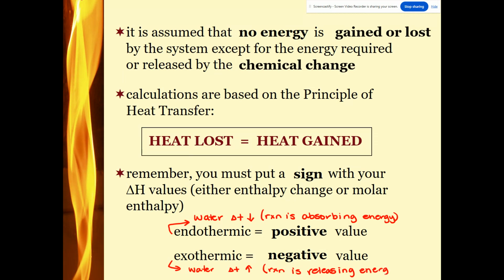And exothermic reactions for delta H and H always need a negative value. So I'm always going to start by setting up my reaction with what is losing heat and what is gaining heat. It depends again on whether the reaction is endo or exo as to what's gaining and what's losing. We'll do some examples and you'll see how this unfolds.